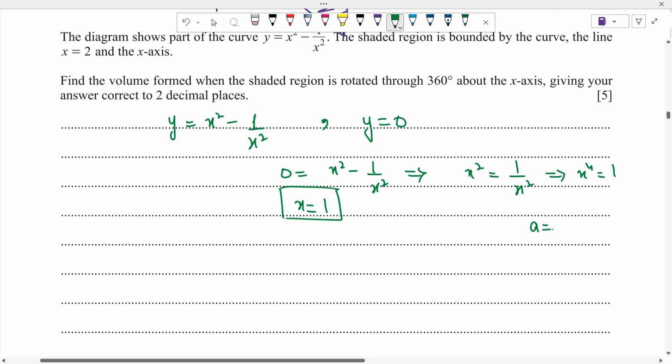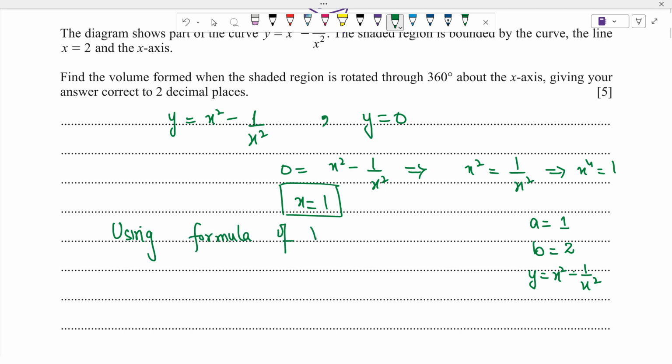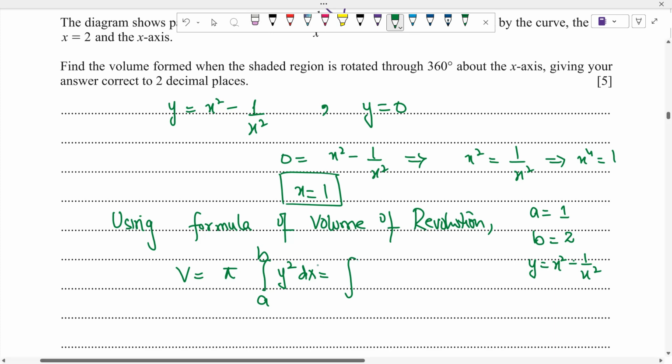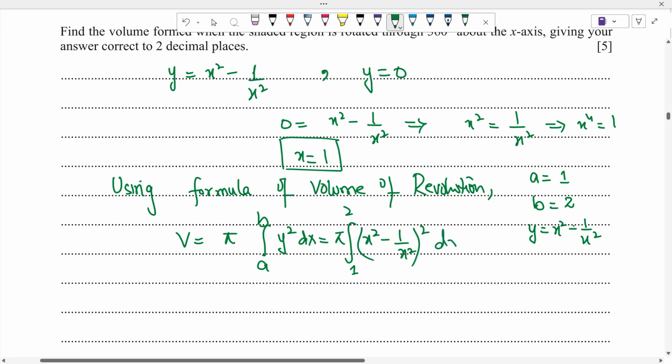In this case a is 1, b is 2, and y is given, which is x squared minus 1 over x squared. Using the formula of volume of revolution, V equals pi integral from a to b of y squared dx, which equals pi integral from 1 to 2 of x squared minus 1 over x squared, whole squared, with respect to dx.